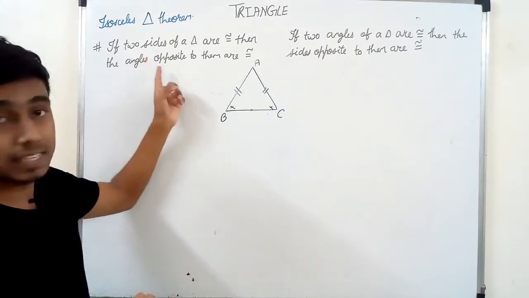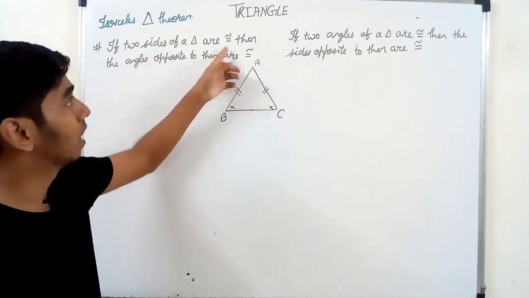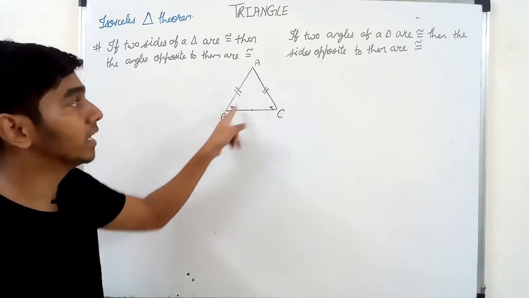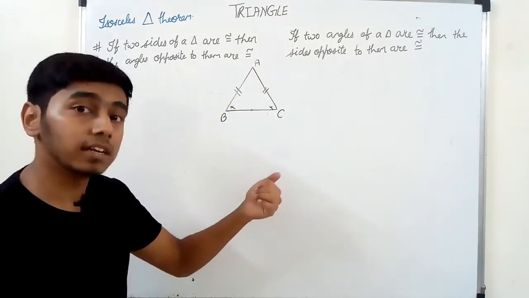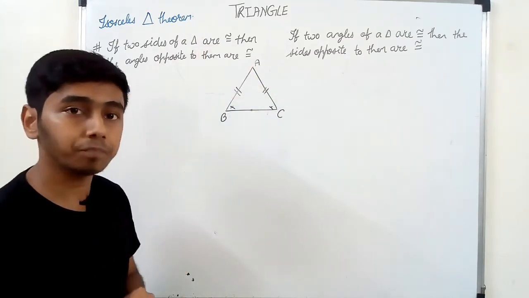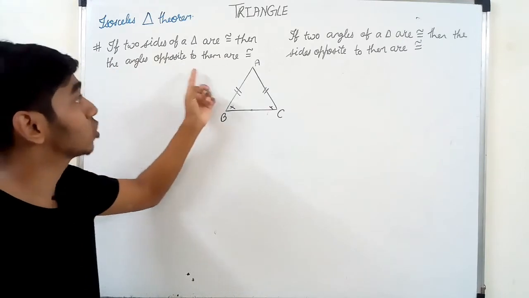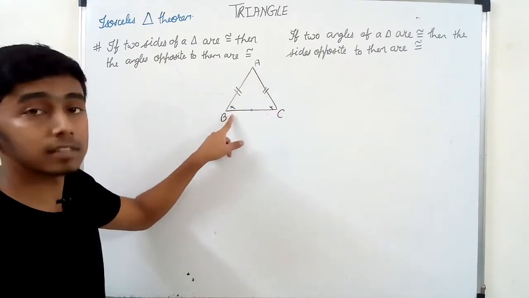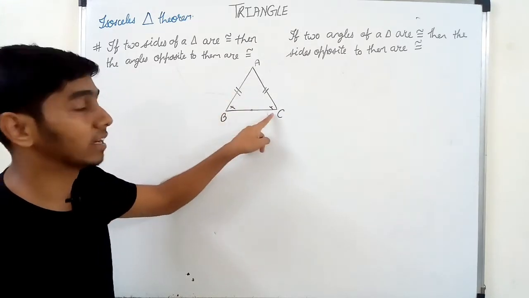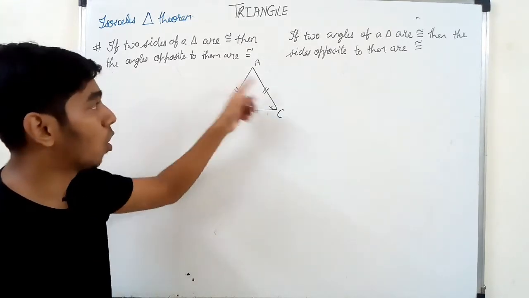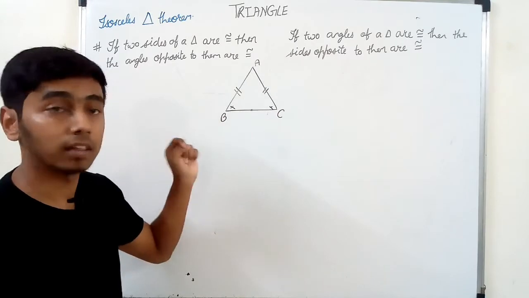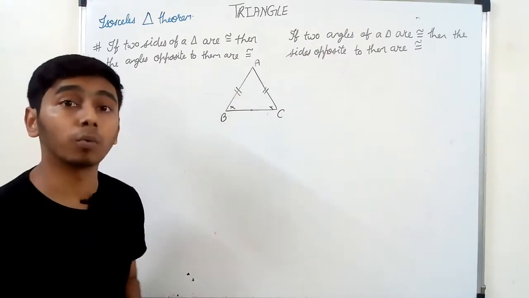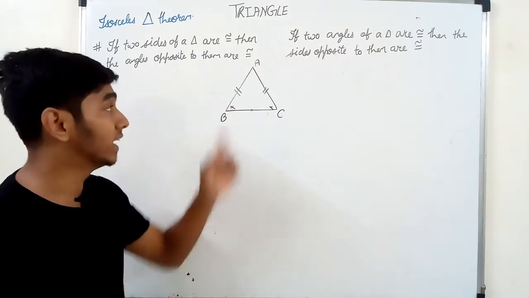We are going to prove that in the form of theorems. The first one says: if two sides of a triangle, here AB and AC, are congruent, then the angles opposite to them, this one and angle C, are congruent. We have to prove that the angles are congruent.